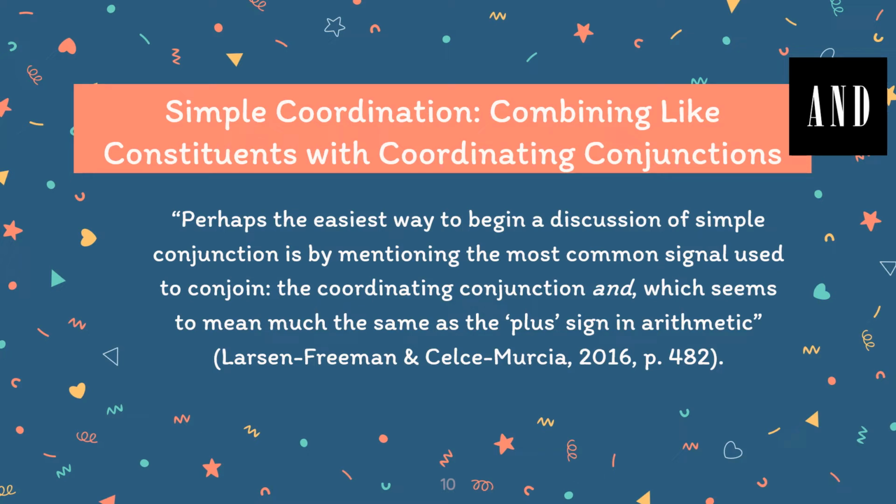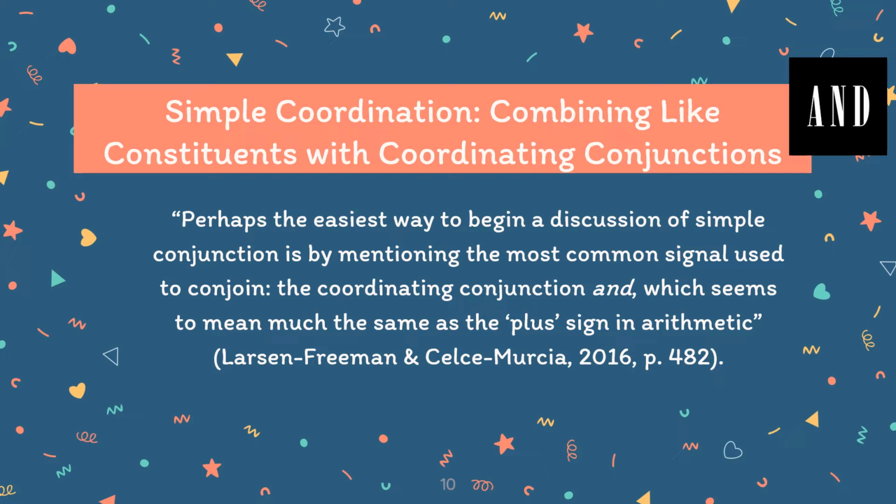Simple coordination is combining like constituents with coordinating conjunctions, and you'll see the word and up at the top. The next few slides are focusing specifically on the word and. This is a quote from the textbook from page 482.